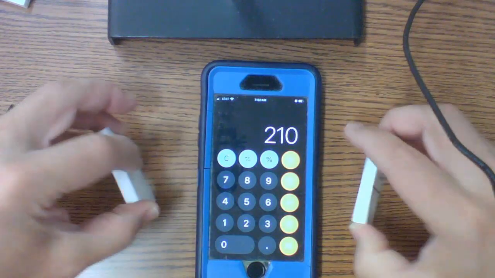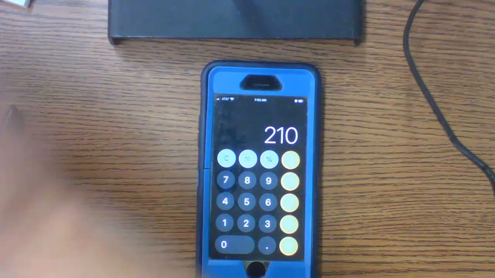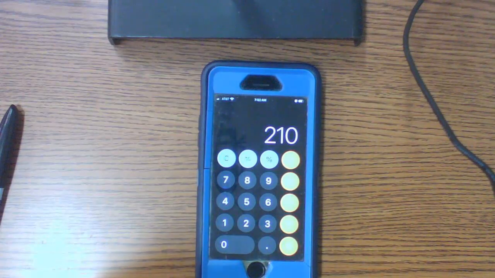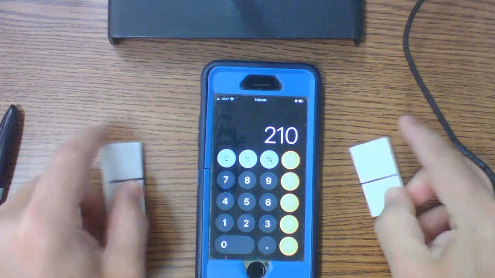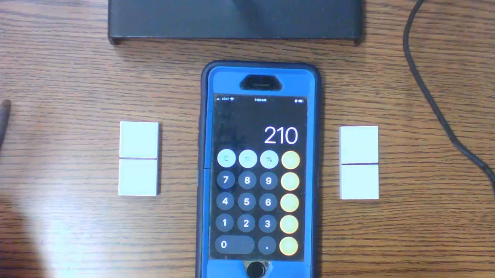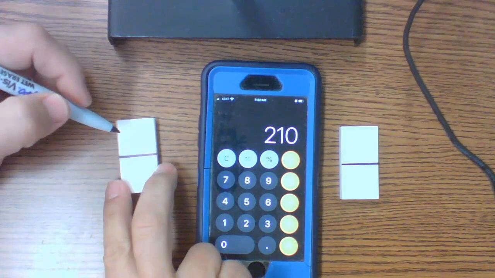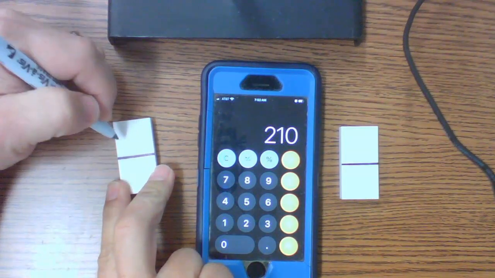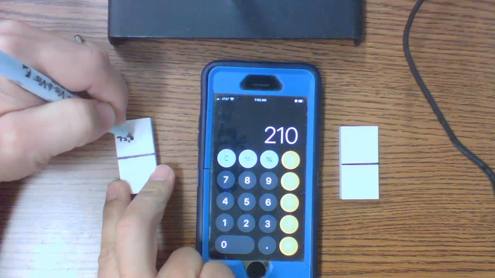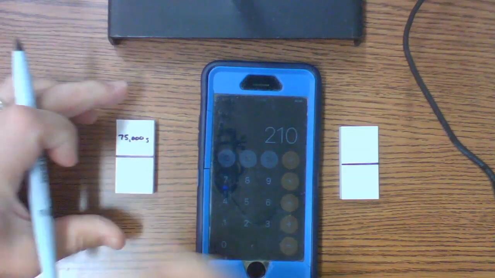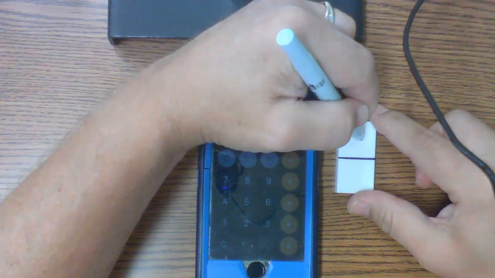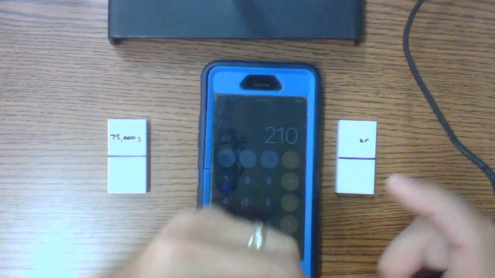This time, let's grab another one. Let's go with 75,000 seconds. Okay, so we've got 75,000 seconds. We're going to see how many hours that is. All right.